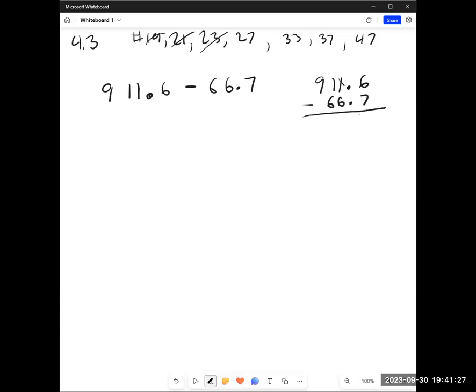We're going to have to borrow. Then we're going to have to borrow again. 10 minus 6 is 4. Then we're going to have to borrow again. And 10 minus 6 is 4. Bring down the 8. So this is 844 and 9/10.